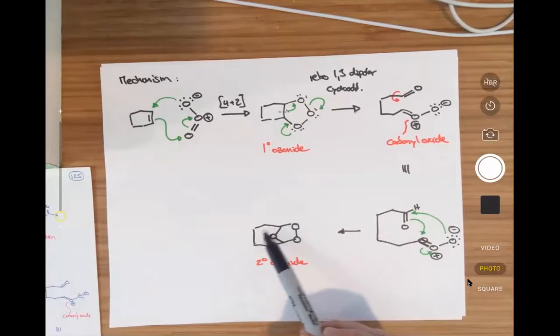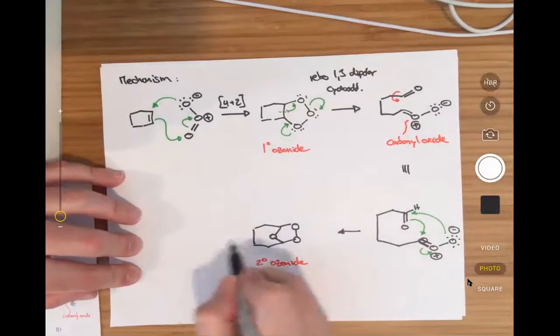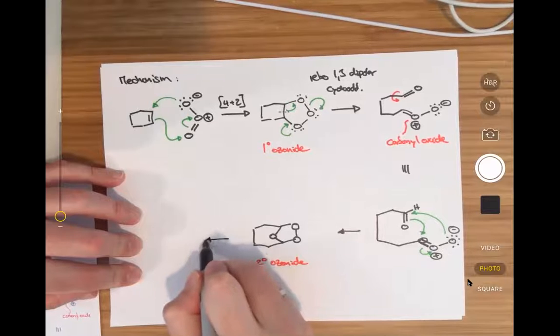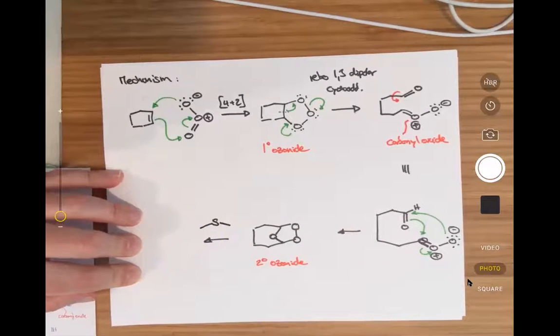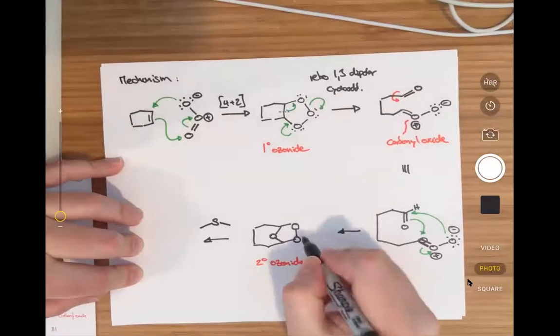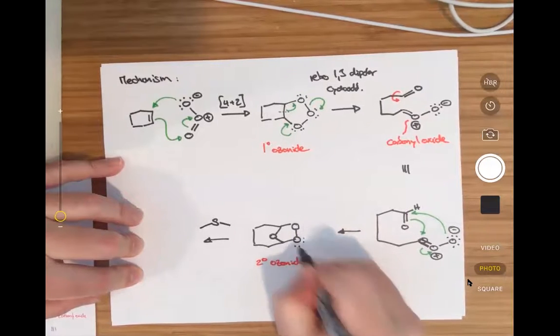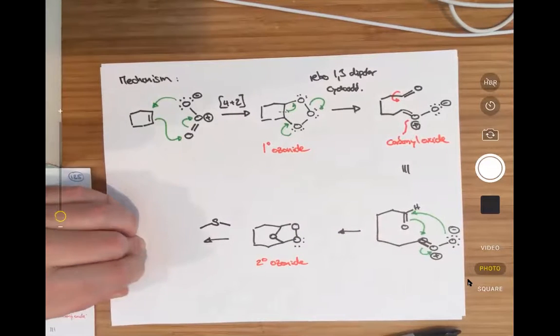Before you actually add your second reagent, like for example the dimethyl thioether for the workup. So if you add that to the reaction, so dimethyl thioether, I can draw the lone pairs here.